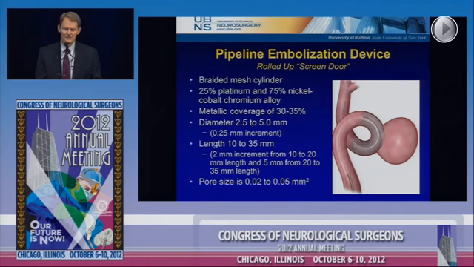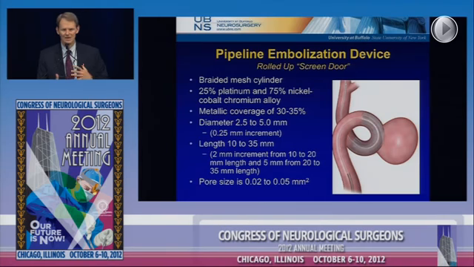So the device is kind of like a rolled up screen from a screen door, but it's very, very flexible, very, very fine mesh. The struts are 1/1000th of an inch. It's a very thin braided mesh, 25% platinum, 75% nickel cobalt, and it's somewhat visible, not high visibility.